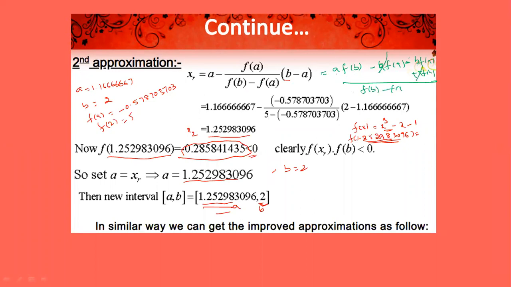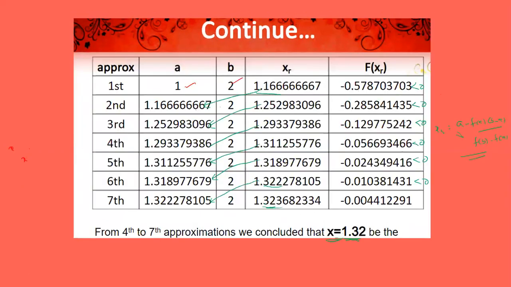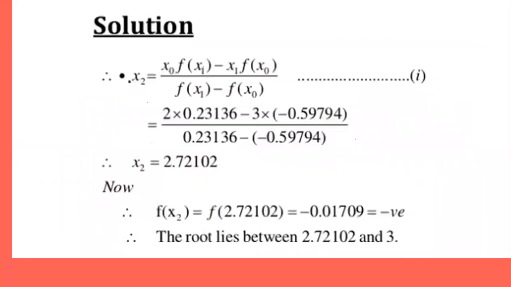We will get a into f of b minus b into f of a, divided by fb minus fa. I wrote the same formula you see here. See, a is x0, b is x1. Don't think that this is one formula and that is another formula. Both are the same, only the notations have changed.